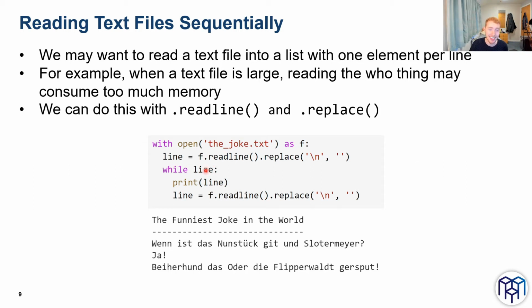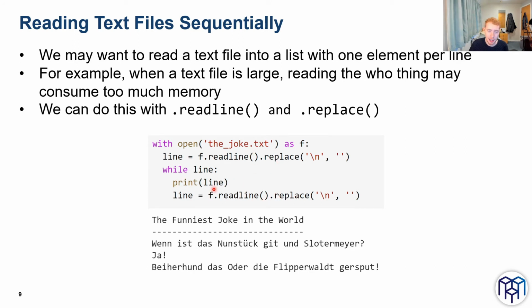So while there still is a line, print out what the line is, and then overwrite the line by reading the next one. We start here just to fill the line. We could have also set this line equal to true initially. That would have started things off, then put the print after. But another way is just to read the first line in and then keep overwriting that by reading a new one in. So a bit repetitive. Hopefully you can figure out what's going on here.